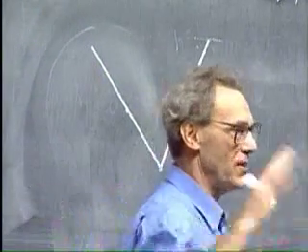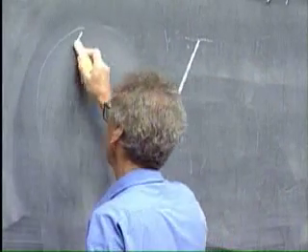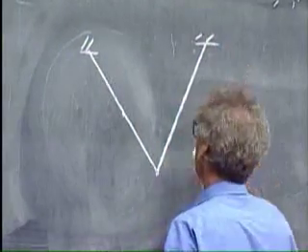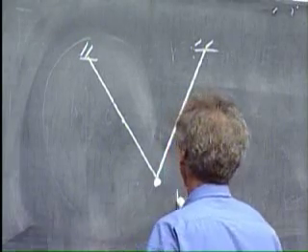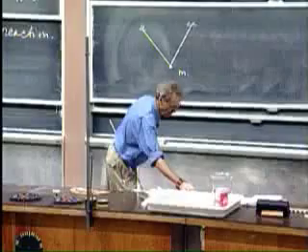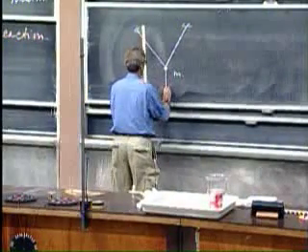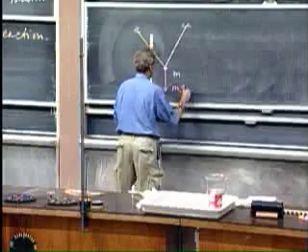Let's assume that the strings have negligible mass. So they are attached here to the ceiling, and I hang here an object M. Well, if there's an object M, for sure there will be a force mg, gravitational force.